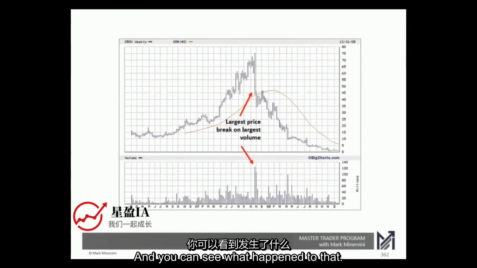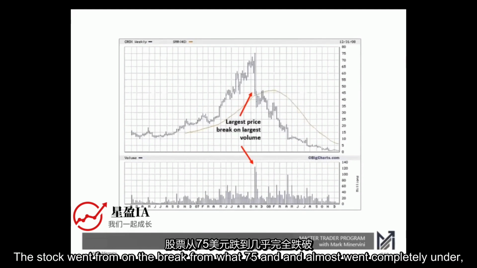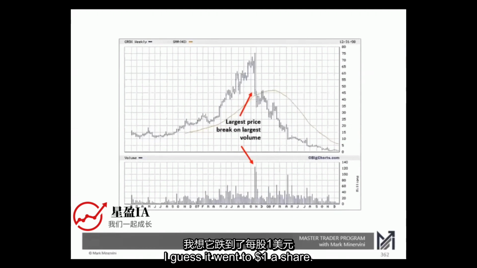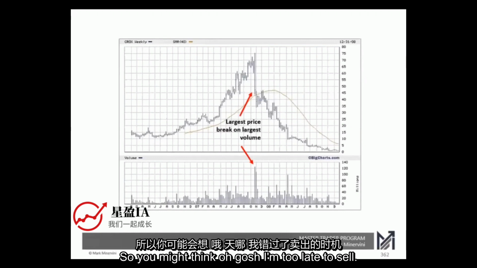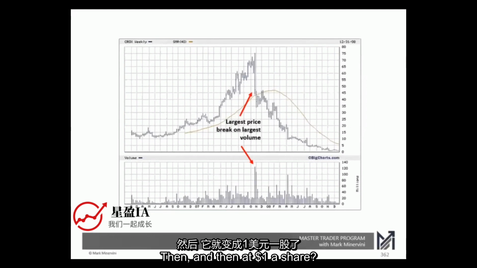And you can see what happened to that. The stock went from 75 on the break and almost went completely under. I guess it went to $1 a share. So yes, you might think, oh gosh, I'm too late to sell, but boy, you'd be a lot better off being out at 50 or 47 where it closed than at $1 a share.